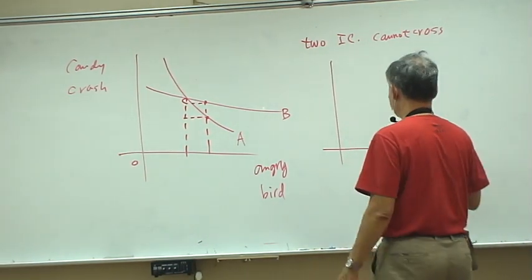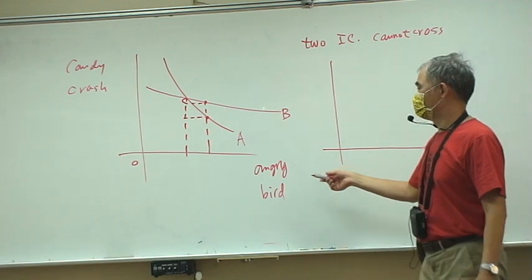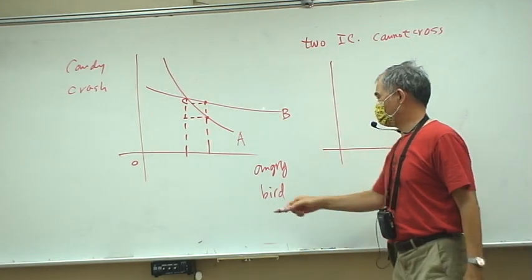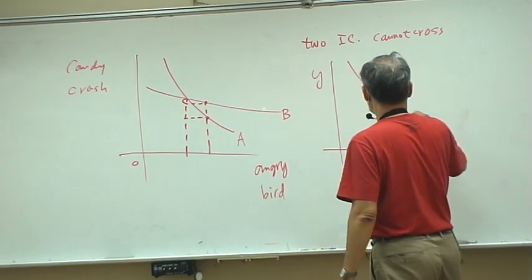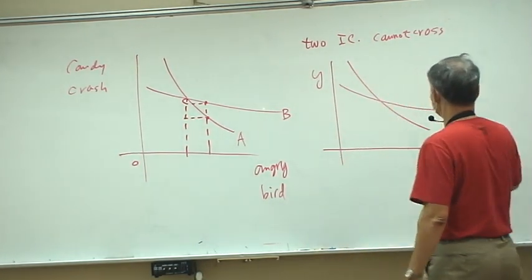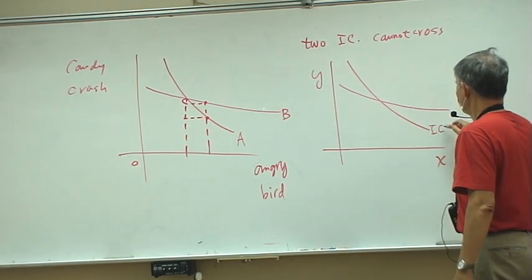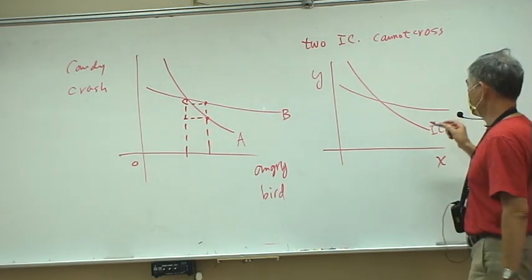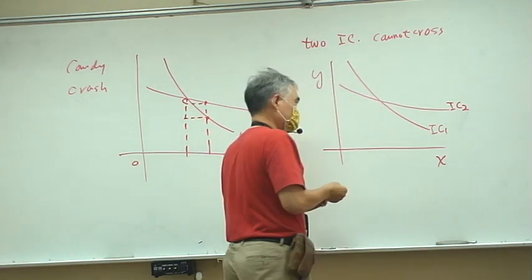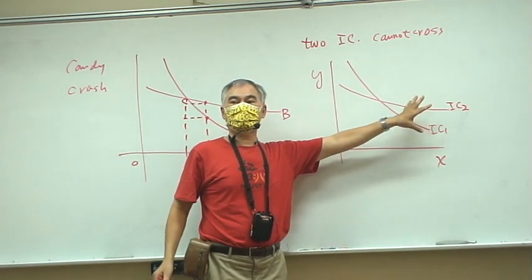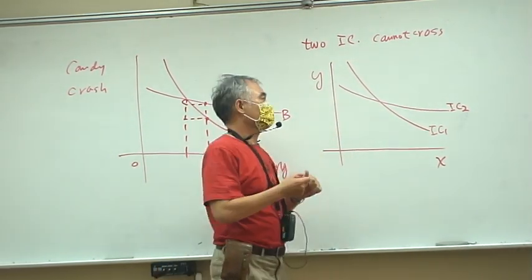Let's forget about Angry Bird and Candy Crush. We just have X and Y, and we talk about the same person. This is IC1, indifference curve 1, and here is IC2, indifference curve 2. So these are two indifference curves for the same person.